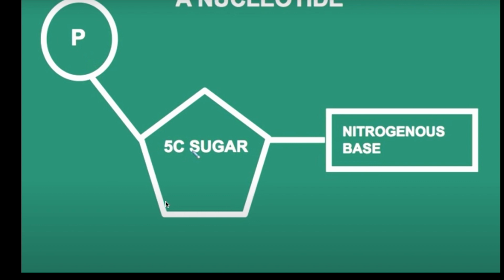This is a way of representing the structure of a unit called a nucleotide. And why I call it a unit is because it is one of the basic building blocks of a molecule that is much bigger, made up of smaller repeating units.